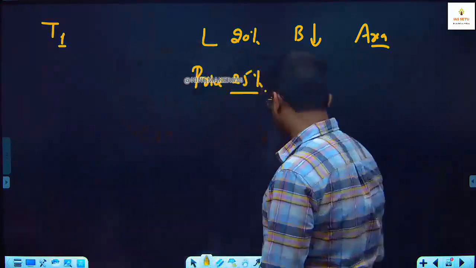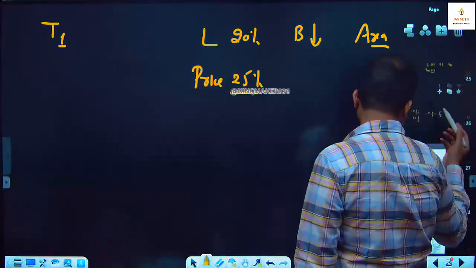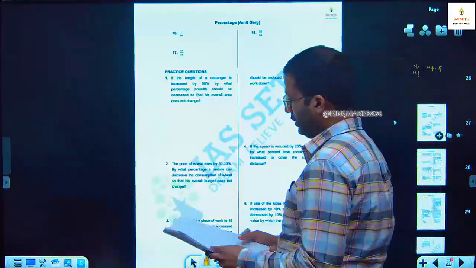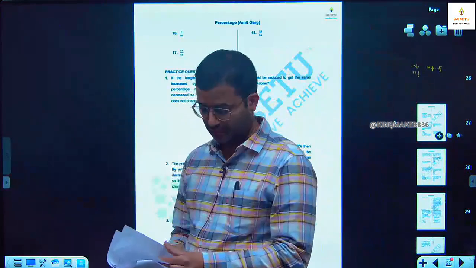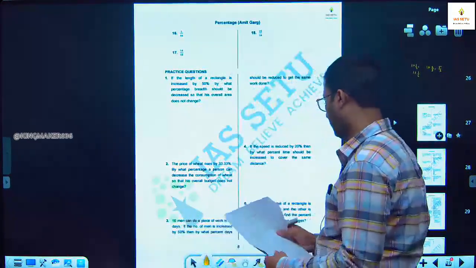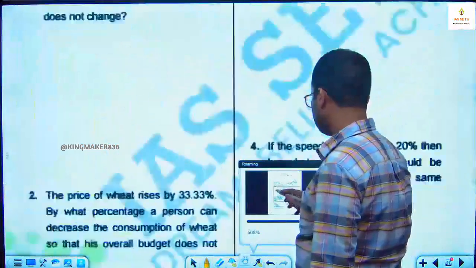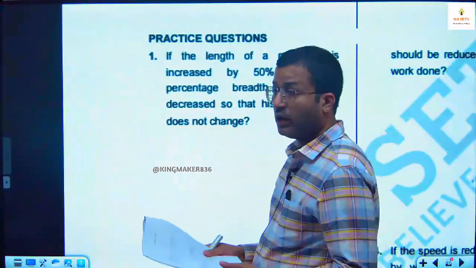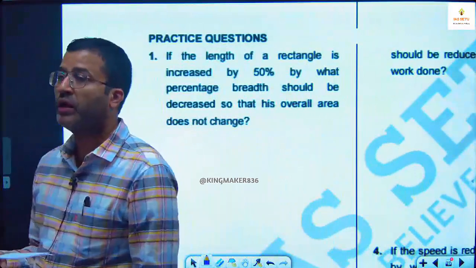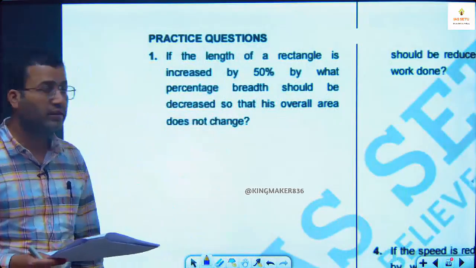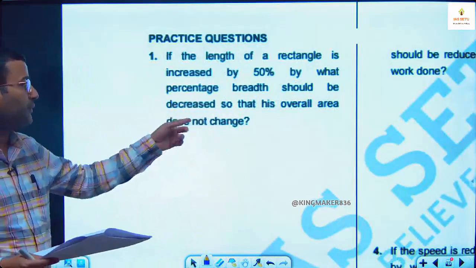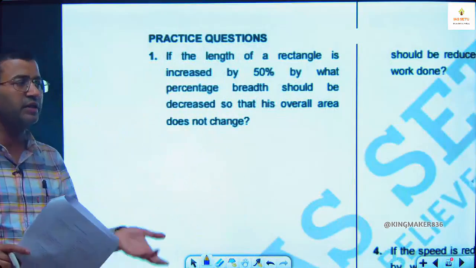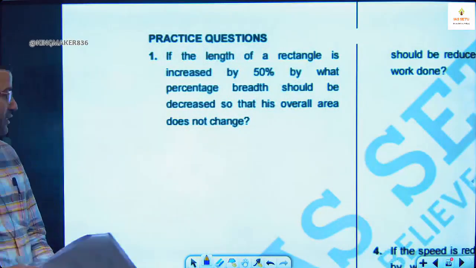Or you can see in our handout page number 8. Practice question. If the length of a rectangle is increased by 50%, by what percentage breadth should be decreased so that its overall area does not change? मतलब लेंथ 50% से बढ़ा दी तो breadth को कितने % से घटाया जाए कि एरिया सेम रहे.